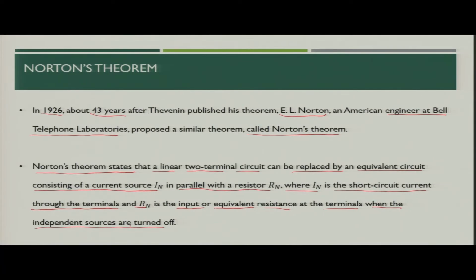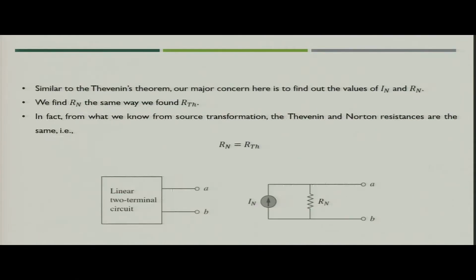Turned off means the voltage source is short circuited and the current source is open circuited. As in Thevenin's theorem, where our main concern was to find V_TH and R_TH, in Norton's theorem we need to find I_N and R_N.